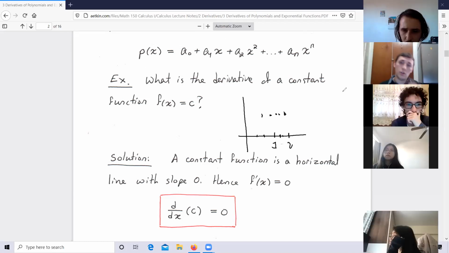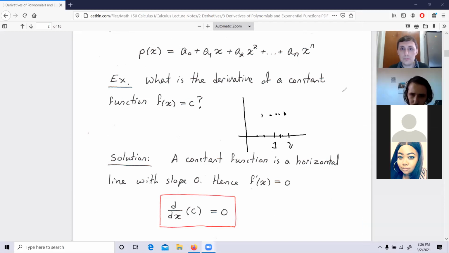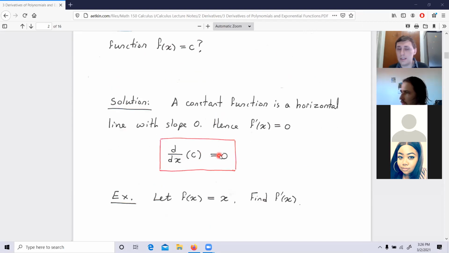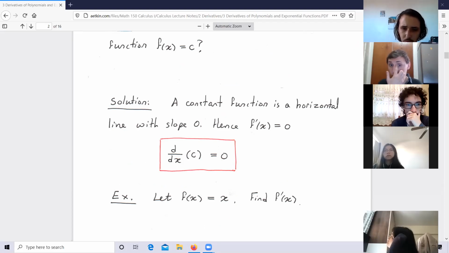I'm tracing a horizontal line. Yes? Okay, great. So the derivative of c is 0. I'm just saying, what's the slope if I look at any point x? I can write the derivative of a constant is 0.